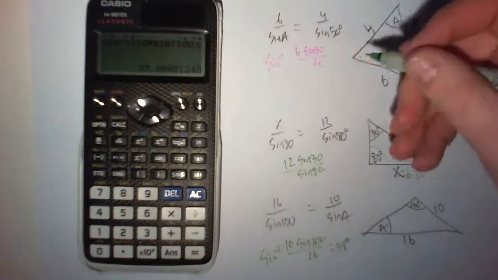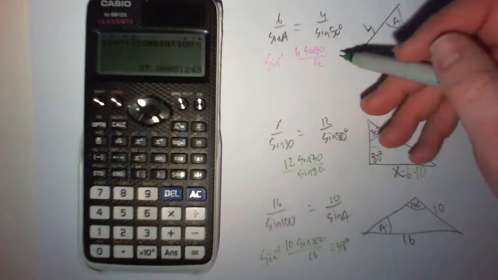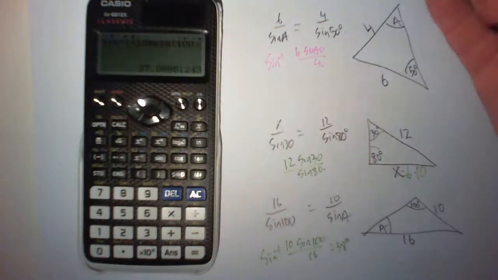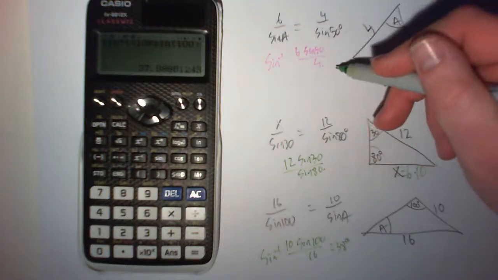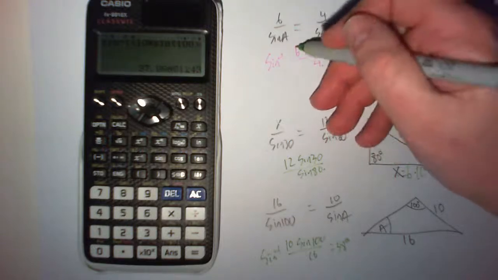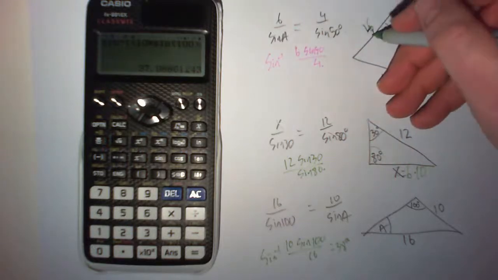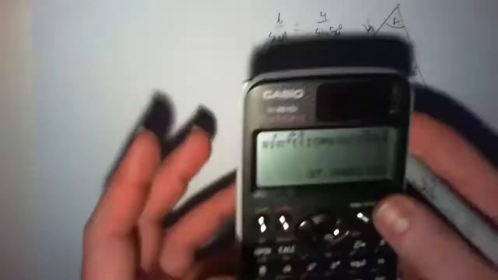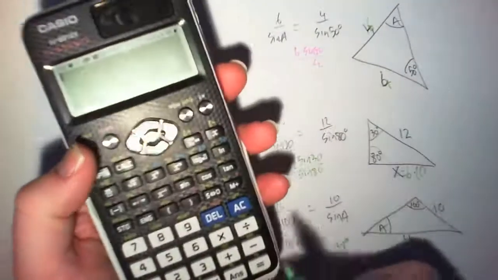I'm pulling these out of my head, but that's a nice one to think about anyway, the fact that you're not going to get an answer there. If that had been 6 and that had been 4, just to show you, you will get an answer.